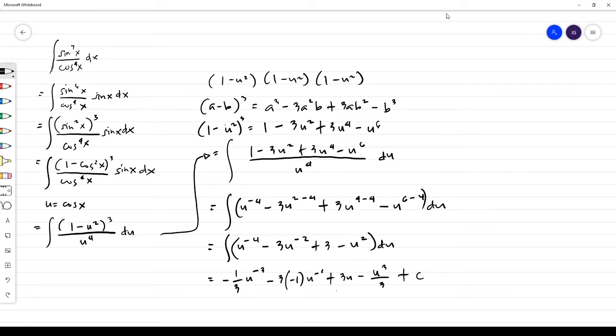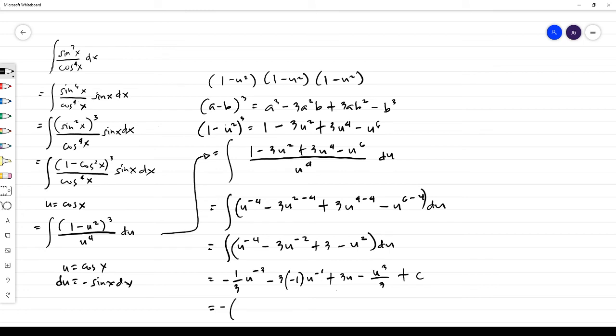Since our u is equal to cos x, we can simply say that our du is equal to negative sine x dx. So it means that our final answer will be multiplied by a negative sign.